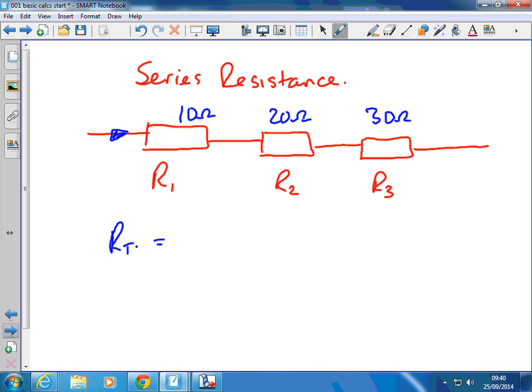Yeah, if you think about the current trying to flow through there, if I just got to go through 10 ohms of resistance, more would flow than if I also got to flow through 20 and 30 together. So adding them in series makes them bigger. It's R1 plus R2 plus R3, and that means we can carry it on for n number of resistors. Yeah? So series resistance, just add them up.